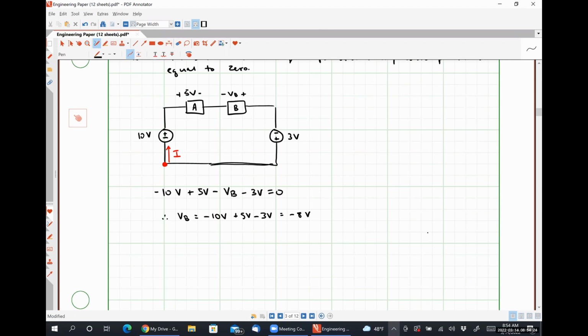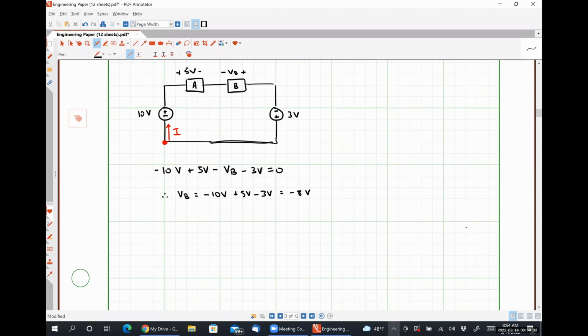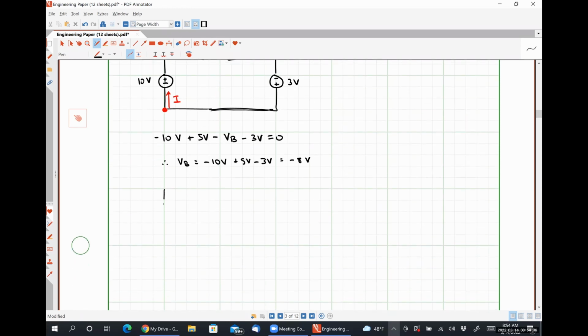All right. So we can take Kirchhoff's voltage law as it's written here and learn something that's pretty interesting. Let's say that we have an element A and an element B, and they are connected together in parallel.